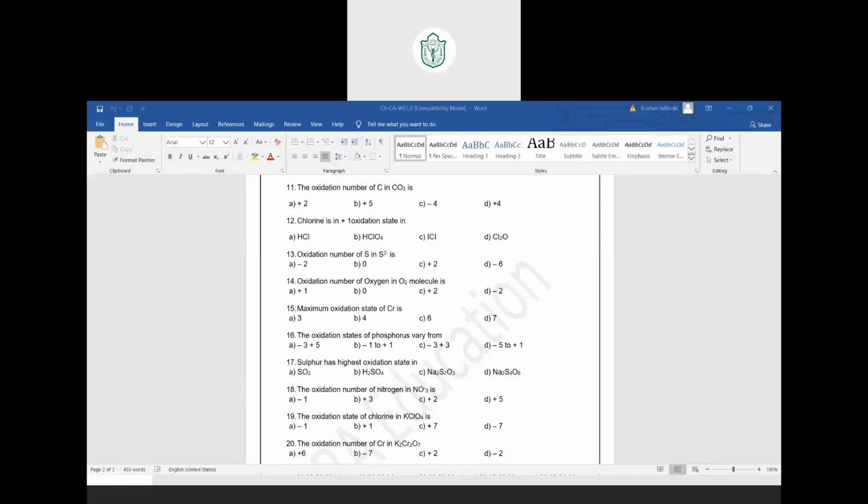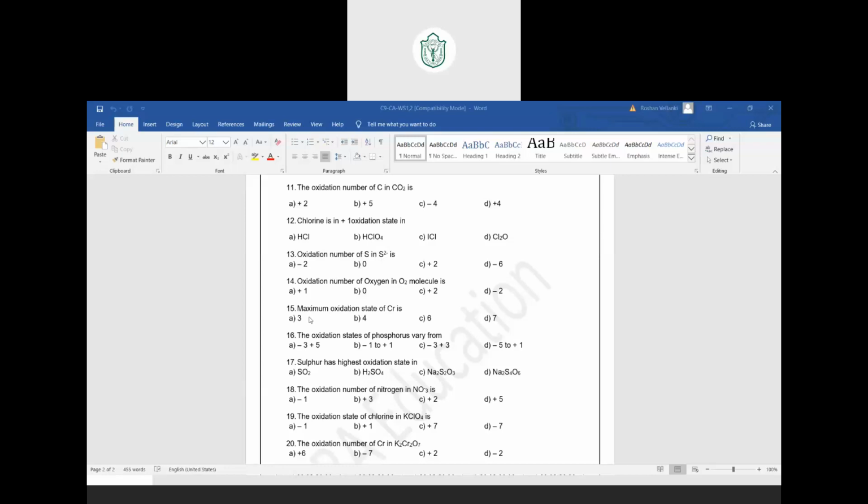What is the oxidation number of Mg plus 2 ion? Plus 2. In the same way, what is the oxidation number of S minus 2 ion? Minus 2 indicates it already gained 2 electrons, right? So that will be its oxidation number. Minus 2 is the answer. How can it be 0? This is not a pure element, right? This is an ion. So option A is the correct answer.